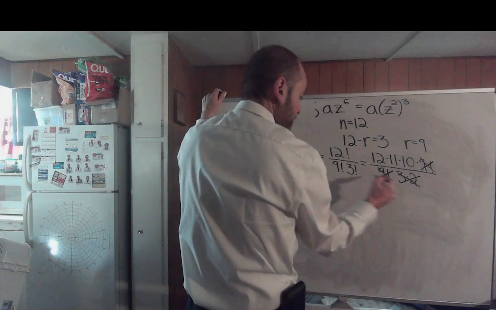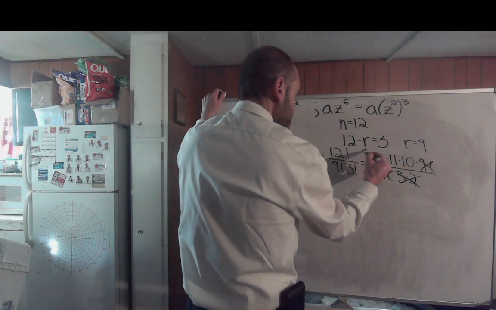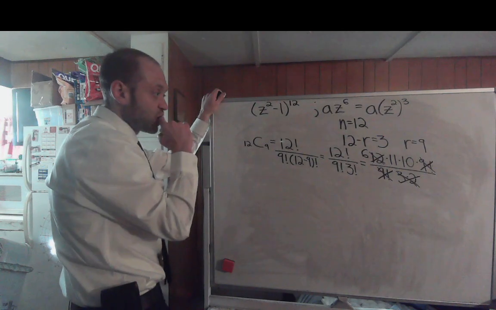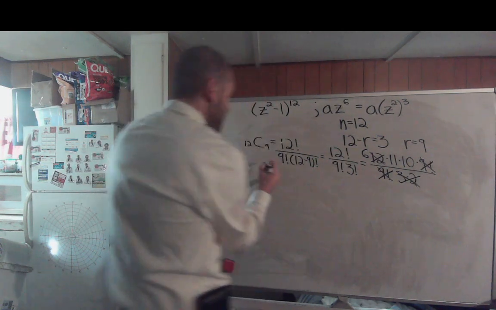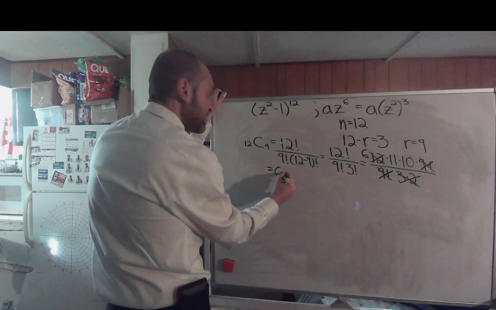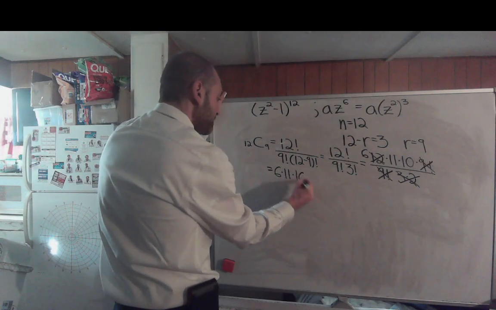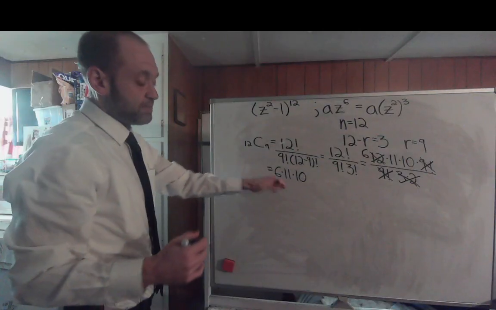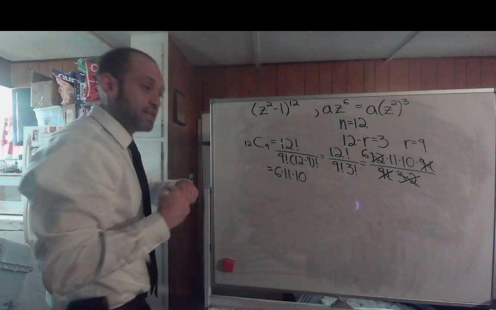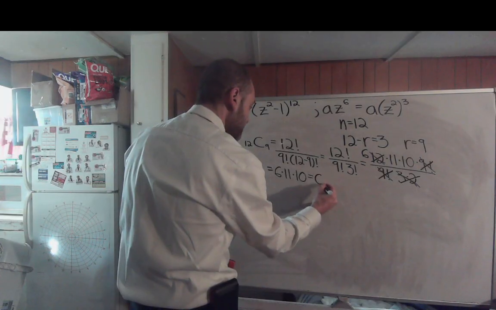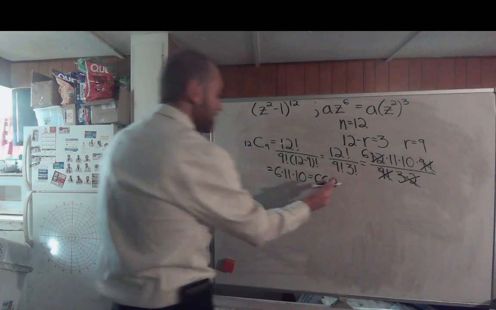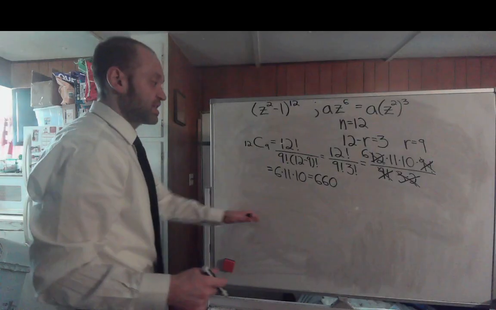So 3 times 2 is gone. That 12 will simply turn into a 6. So now you're just left with 6 times 11 times 10. Well, 6 times 11 is 66 times 10. That's 660. So you start out with an initial coefficient of 660.